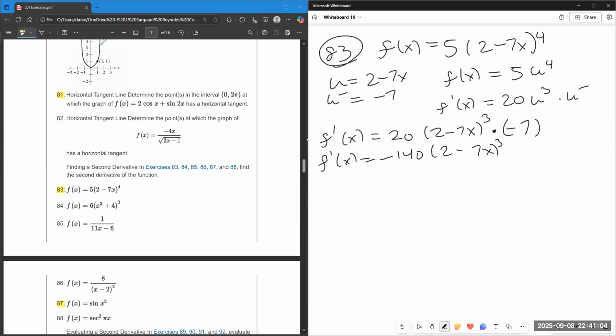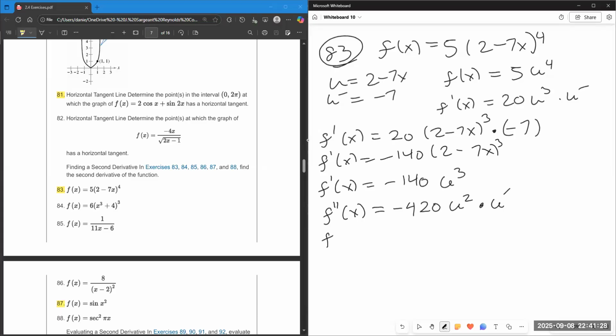Now we have u is also 2 minus 7x, and u prime is going to be -7 again. f prime of x is -140 u to the third. So f double prime of x is going to be -420 u to the second times u prime.